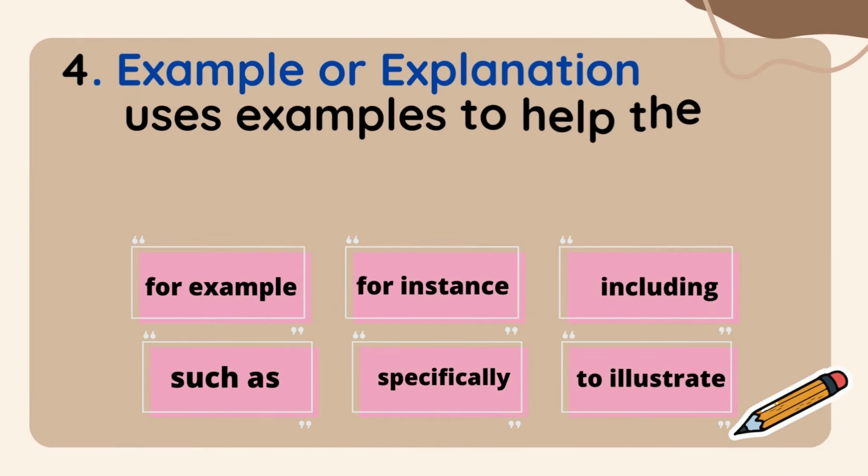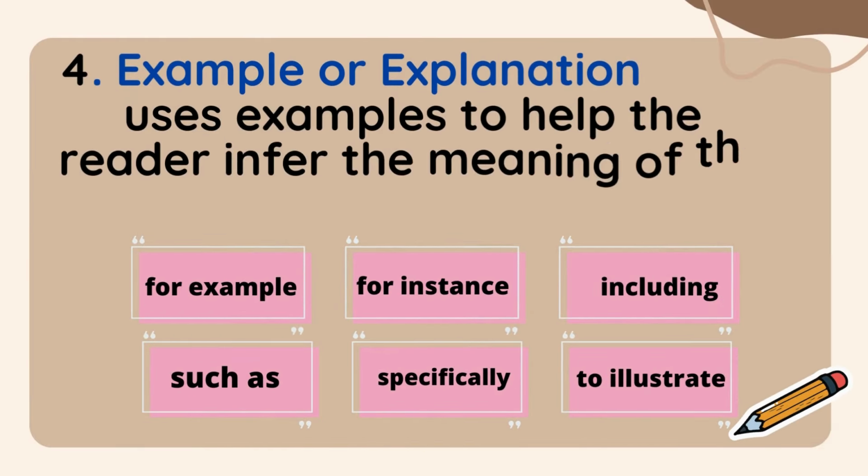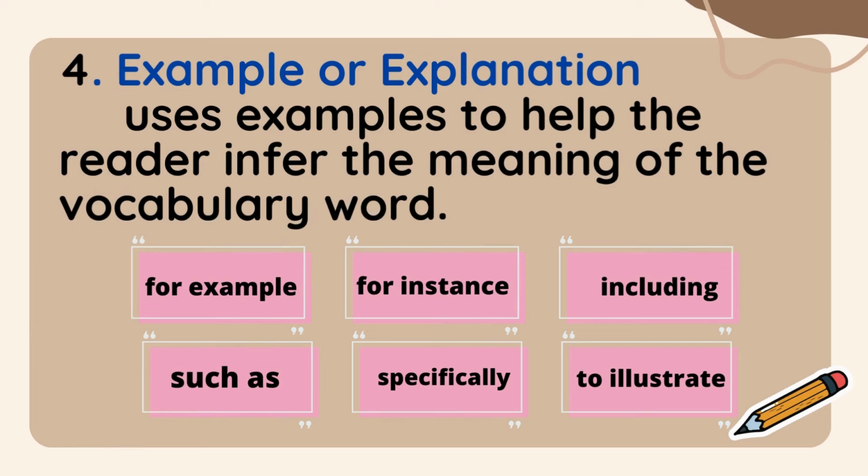Number 4, example or explanation. This type of context clue uses examples to help the reader infer the meaning of the vocabulary word. It uses keywords such as, for example, for instance, including, such as, specifically, to illustrate.